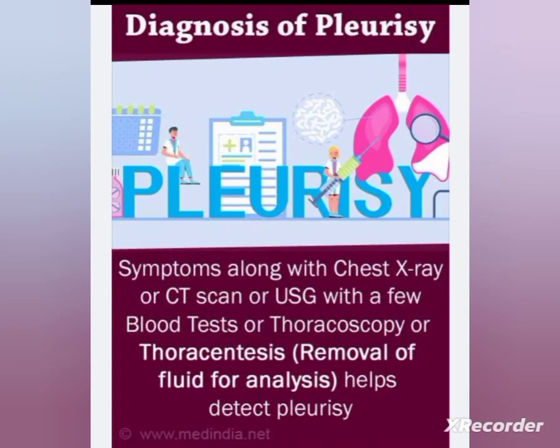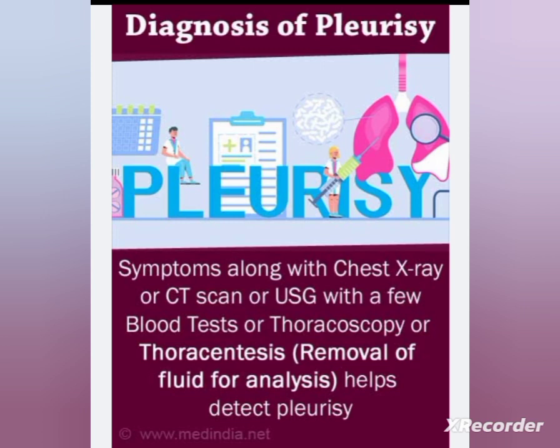Next one, diagnosis of pleurisy. It includes the history, physical examination and clinical manifestations. Along with the symptoms, we have to take a chest x-ray, CT scan or USG. Along with that there will be blood tests, thoracoscopy or thoracentesis in order to examine the pleural fluid.